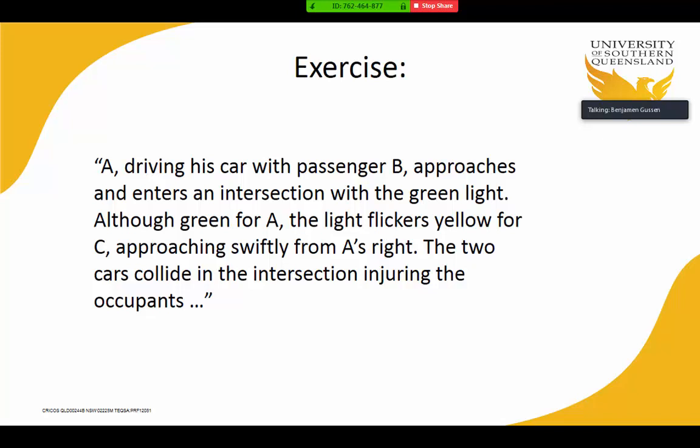No. Although that's the first sentence, although green for A, the light flickers yellow for C. So I see green, but he sees yellow. So he was seeing green, then it flickered yellow. So it's saying that both opposite directions were green at the same time for a second. That's not correct.